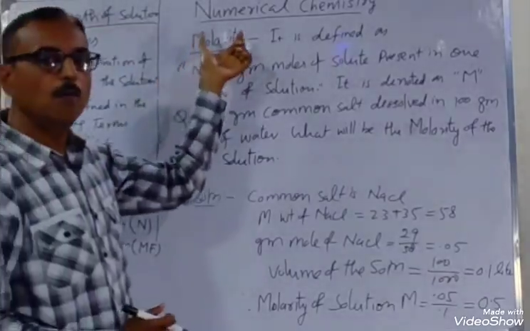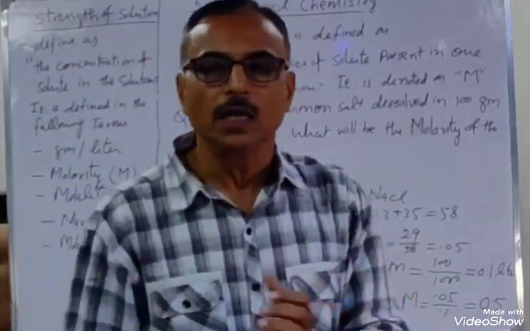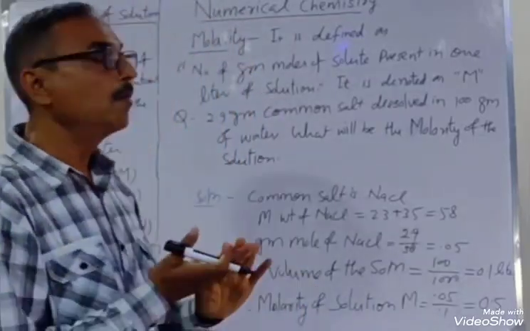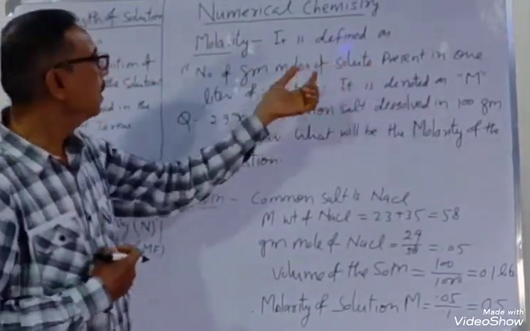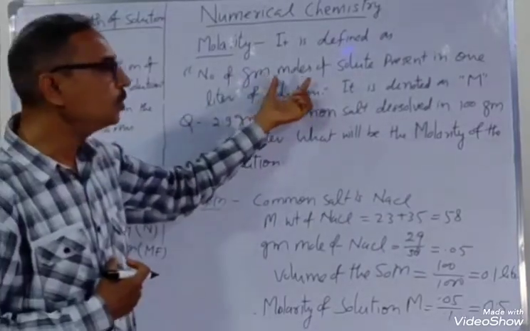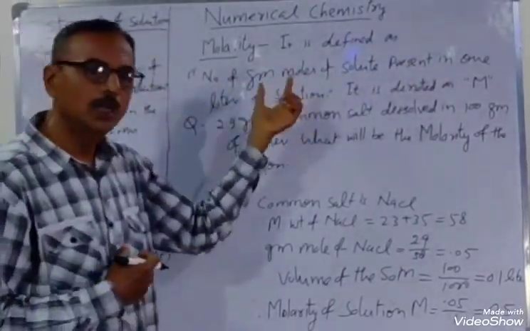So here we will tell you about the molarity. How the strength of any solution is defined in the terms of molarity. So molarity is defined as the number of gram moles of solute present in 1 liter of solution.